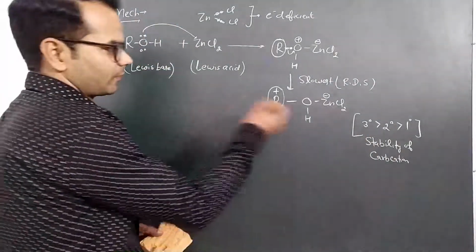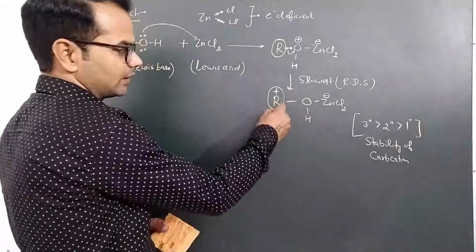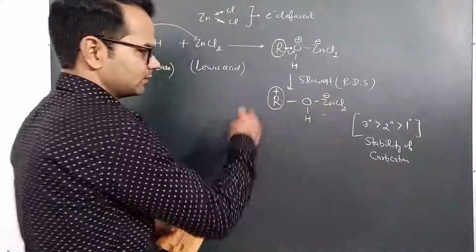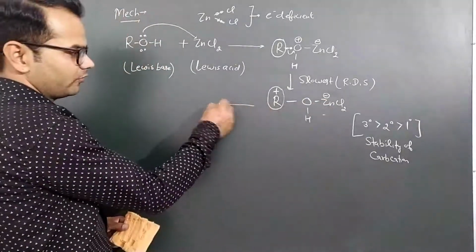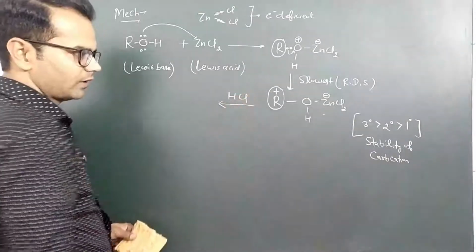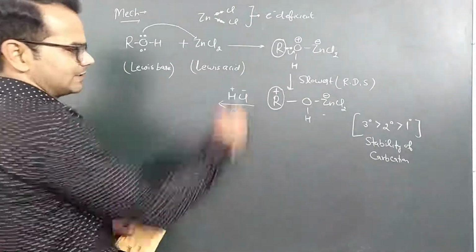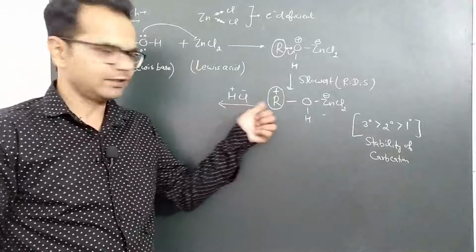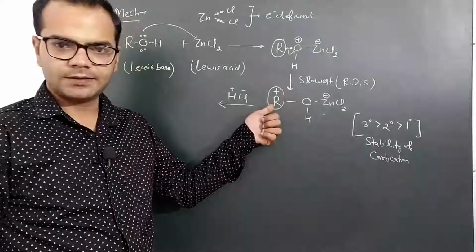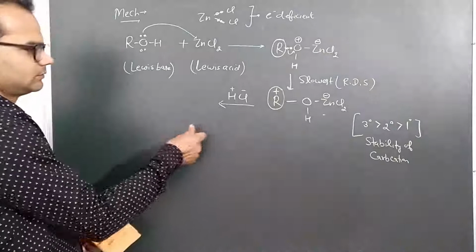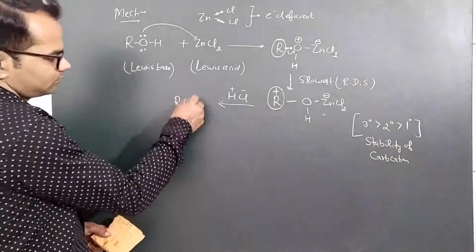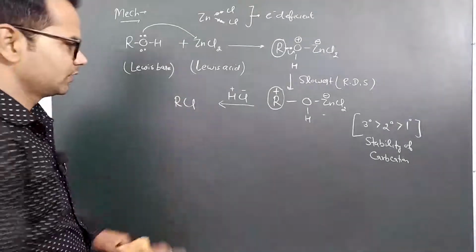So now we have this structure, R alkyl group and this structure. Now action of HCl takes place. In HCl, Cl is the nucleophile, so it will attack this R part, and we will obtain alkyl chloride.